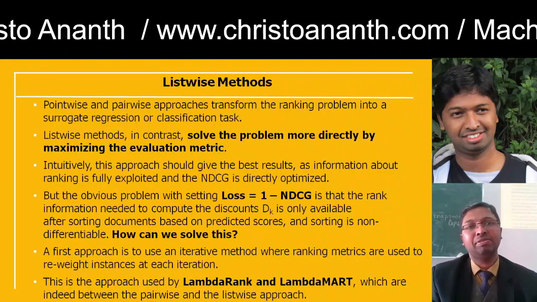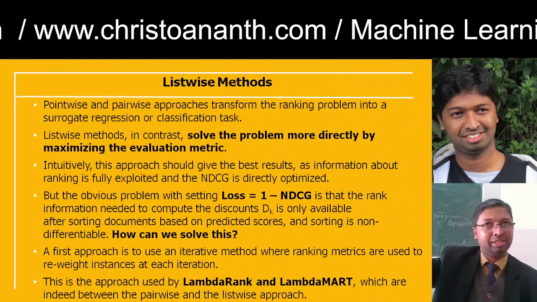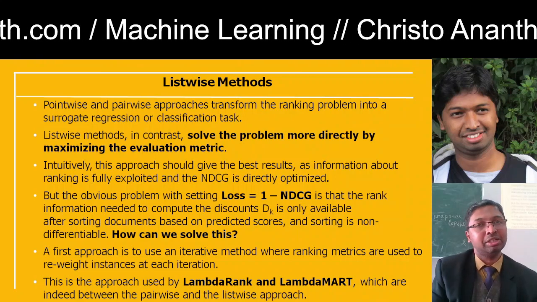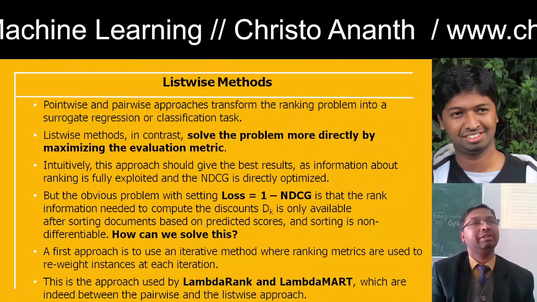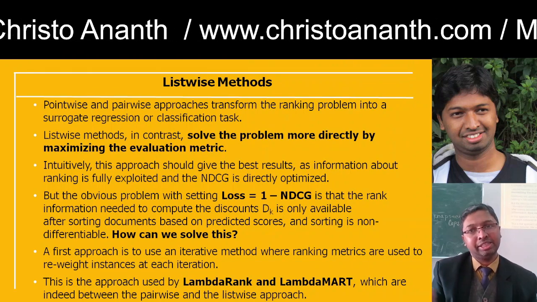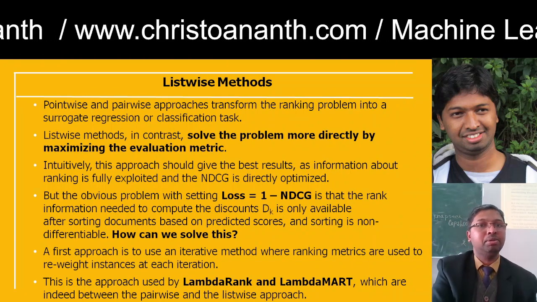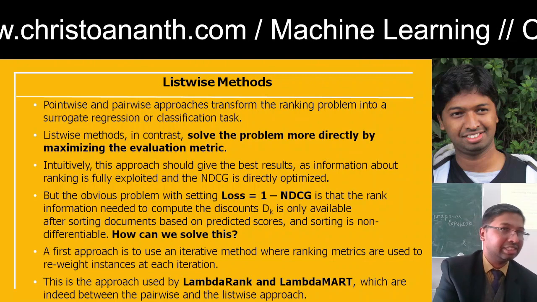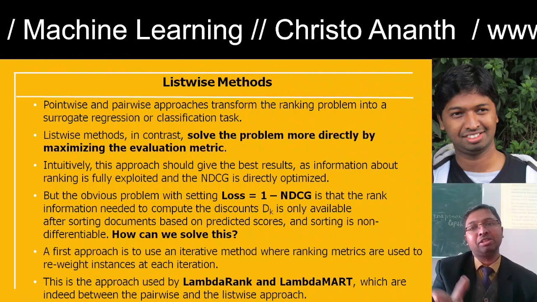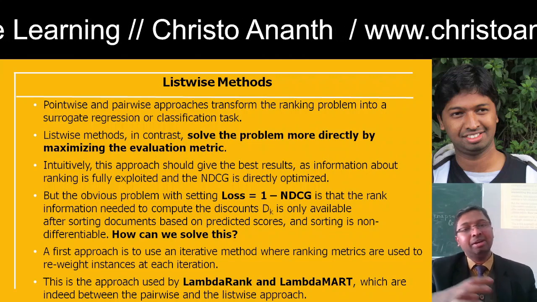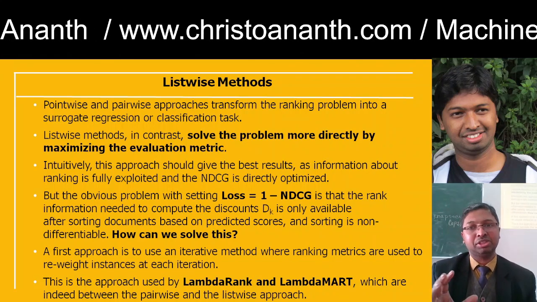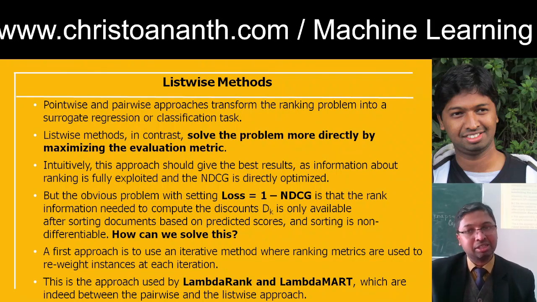And then in the case of the list-wise method, as the name implies, everything is treated as a list and you find out the relevance. Point-wise as well as pairwise approaches generally transform the ranking problem into a regression task or a binary classification task. List-wise methods solve the problem more directly: you can maximize the evaluation metric and set the loss function as 1 minus normalized discounted cumulative gain.